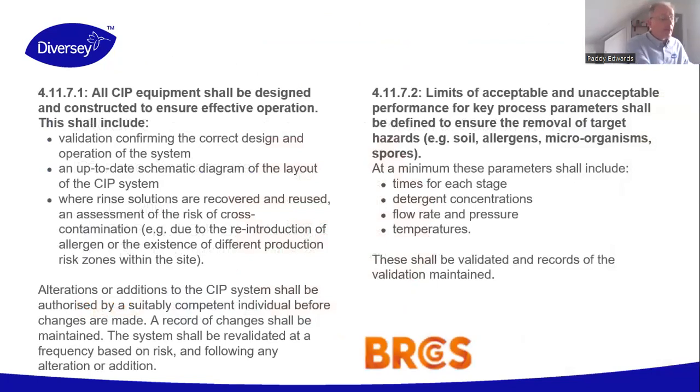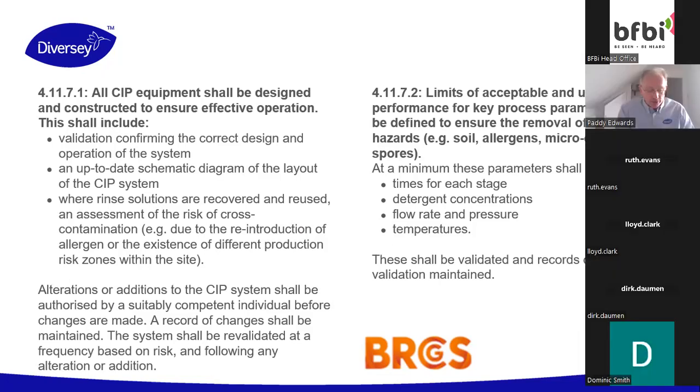And if you think about the new BRC version 9, it includes the following phrases. Validation confirming the correct design of the operating system is within the BRC. All CIP equipment shall be designed and constructed to ensure effective operation.